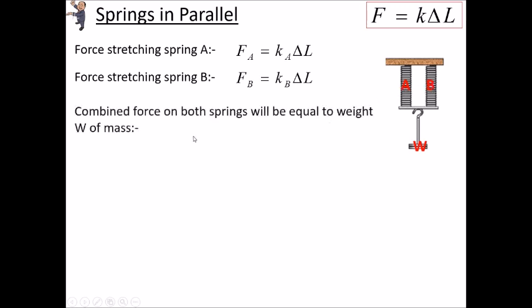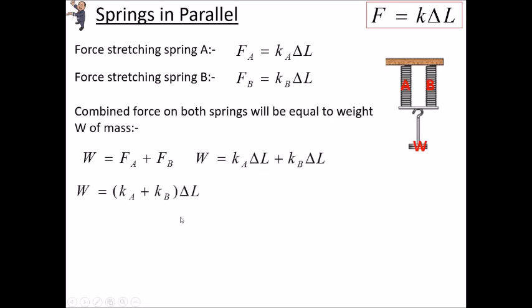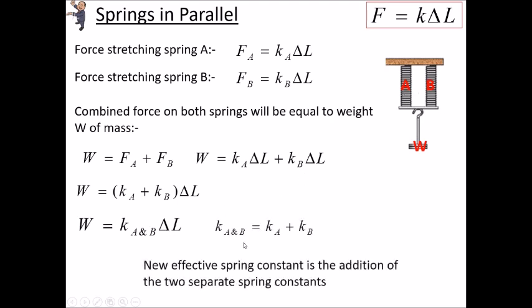So the combined weight on the two springs, the weight, is the force on A plus the force on B because it's in equilibrium, which means that's Ka delta L plus Kb delta L, which gives us this new spring constant, the spring constant for A and B put together in parallel. And the way we can do that is to see that this is Ka plus Kb.